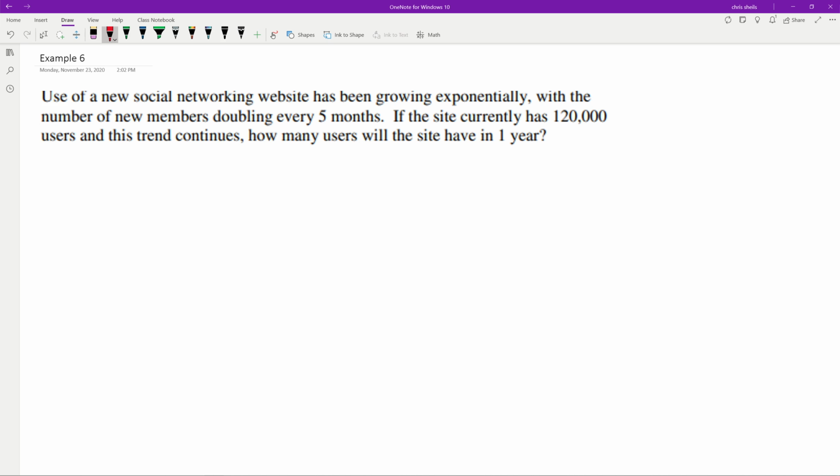So we can set up an equation that looks something like n of t equals 120 times e to the rt. Using a continuous growth model is often a very good idea for things that are constantly growing or changing, like populations. And I think that a growing social networking site would definitely fall under that.